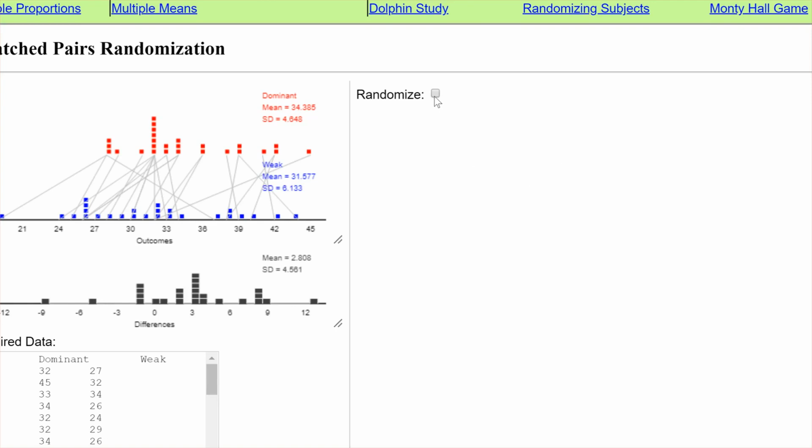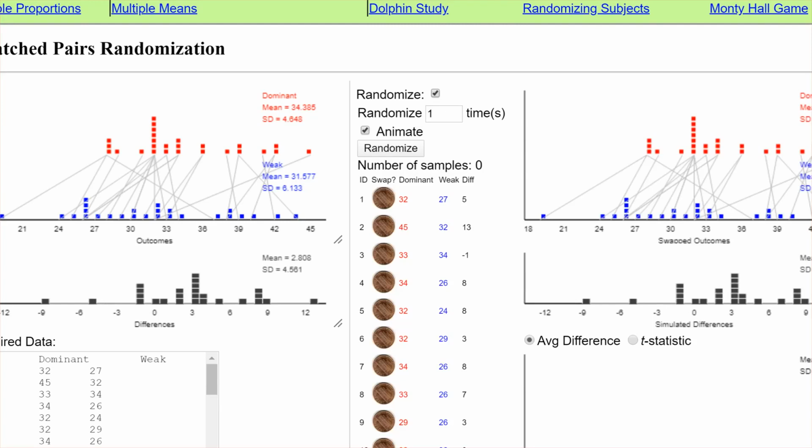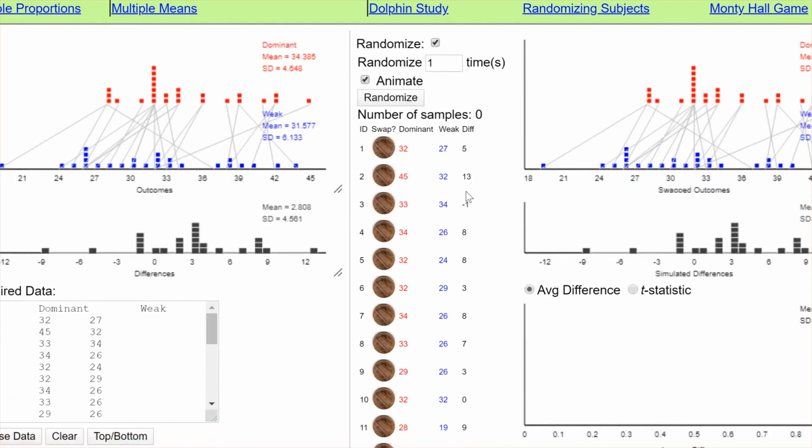So let's perform simulations using the randomize button. I'll show you how the applet performs one simulation to make sure you understand this concept even more. So I'm just going to leave 1 in the text box and I'll hit randomize.